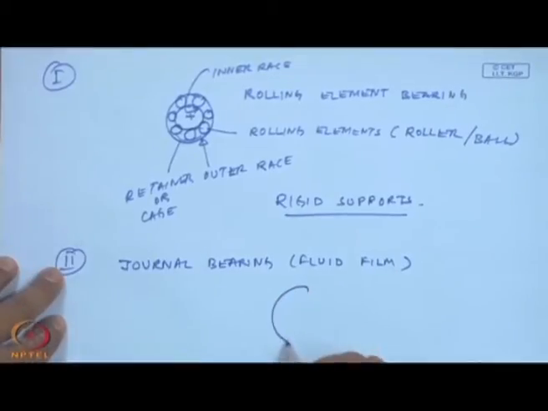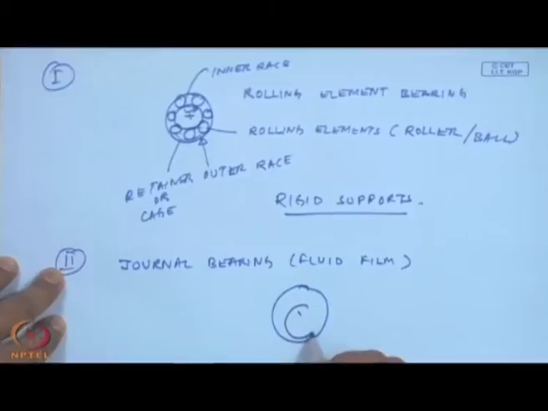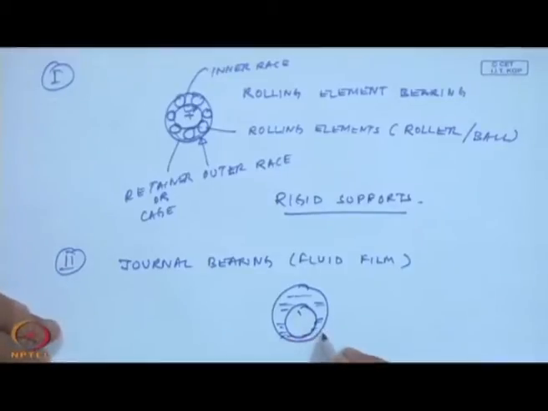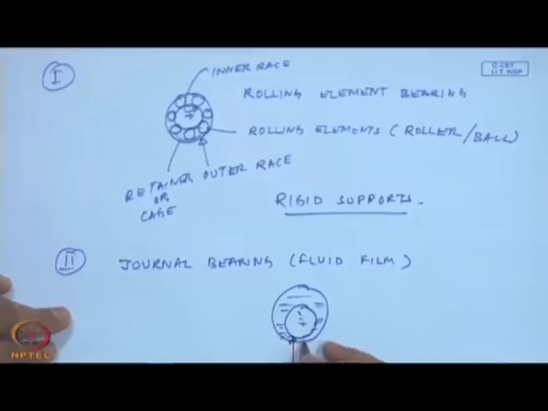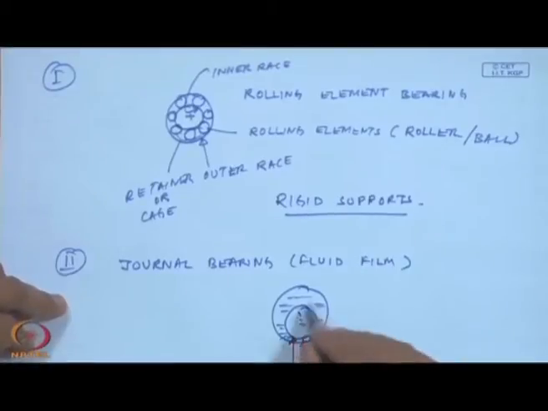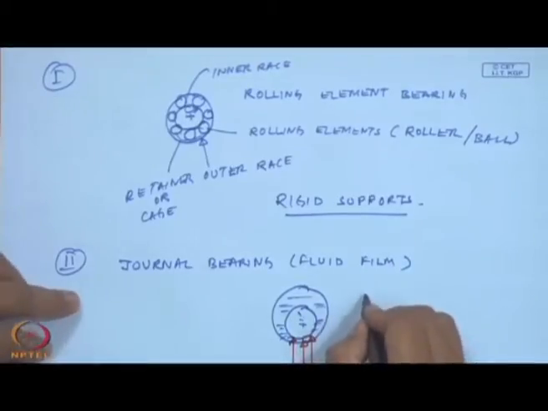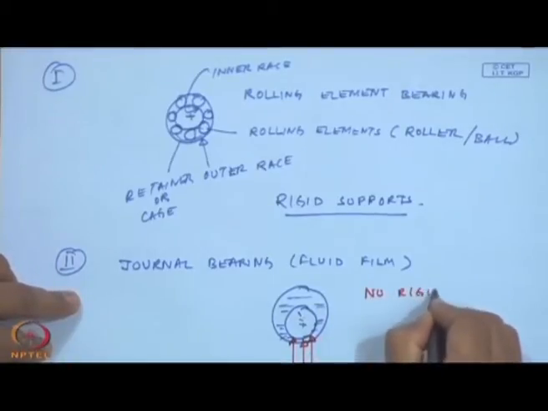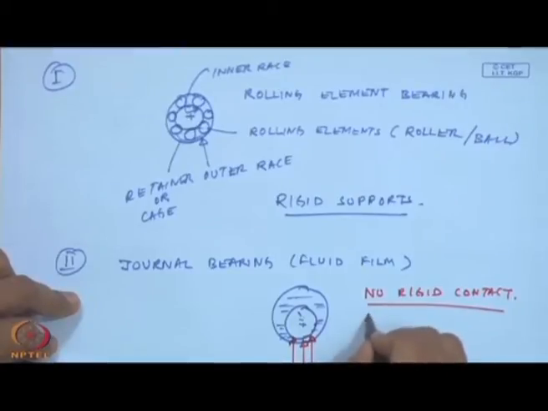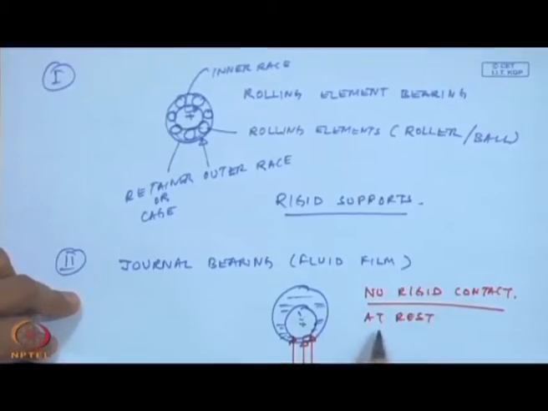So, basically in the journal I have a shaft, and because of this film and this converging diverging section and the eccentricity of the shaft, there is a pressure buildup, and this pressure is actually supporting the shaft. Okay. So, at no point during rotation is there any rigid contact between the shaft and the journal, only maybe at rest. Okay. This is in contact.